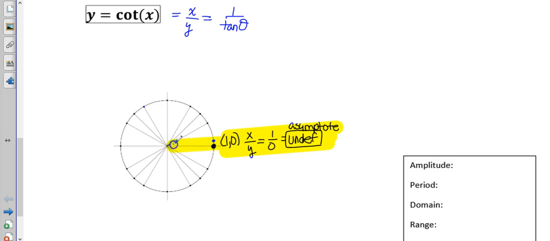If I'm going from here to right there, that's going to be a big x divided by a super small y, right? I mean, look how tiny that is. Divided by a positive small y. And we already know that that is going to head towards positive infinity.